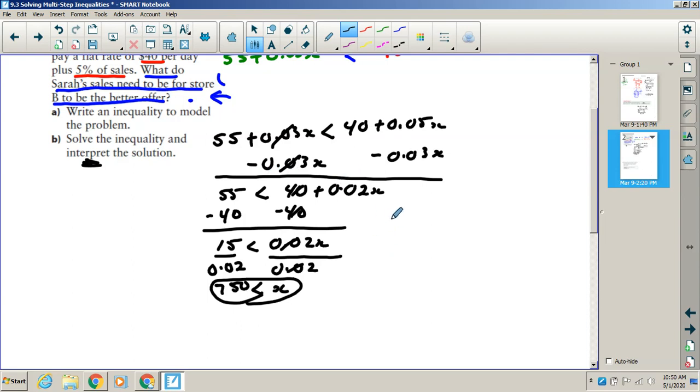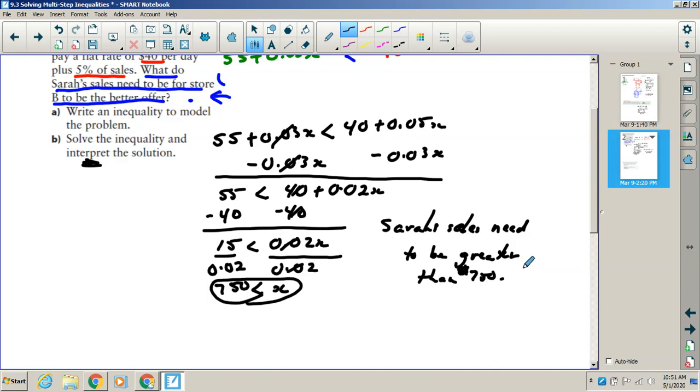So we could write out Sarah's sales need to be greater than $750 for store B to be the better offer.